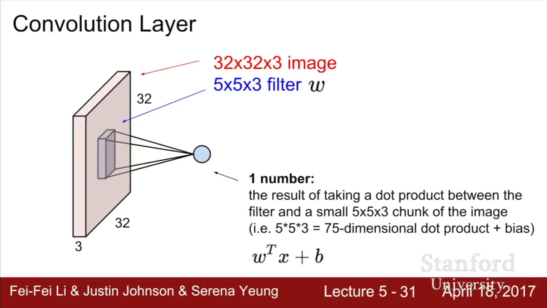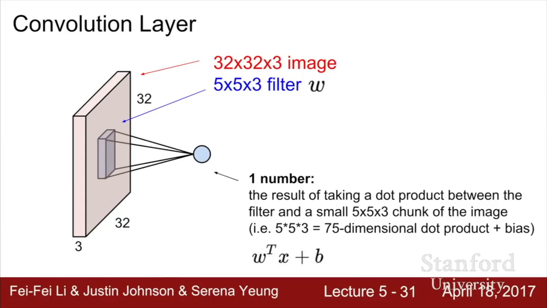And then we're going to take this filter, and at a given spatial location, we're going to do a dot product between this filter and a chunk of the image. We're just going to overlay this filter on top of a spatial location in the image, and then do the dot product, the multiplication of each element of that filter with each corresponding element in that spatial location that we've just plopped it on top of.